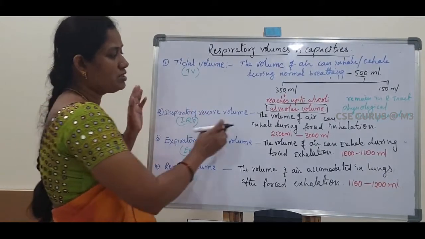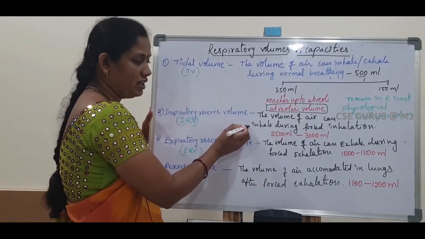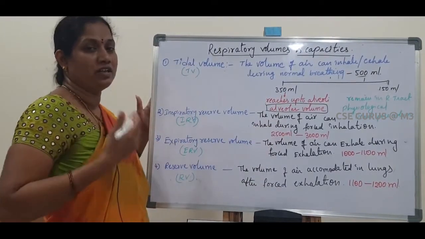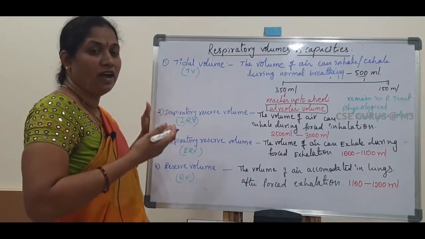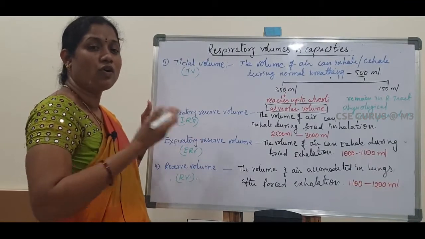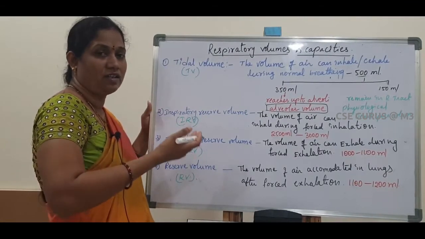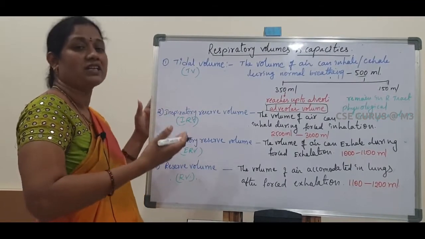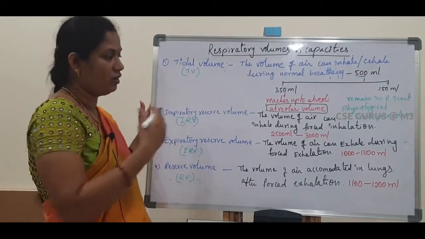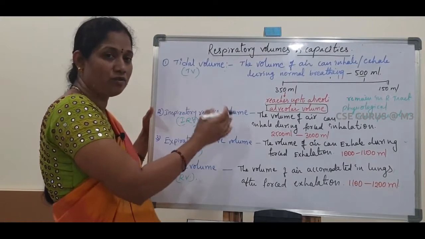Inspiratory reserve volume means the volume of air we can inhale during forced inhalation. For example, I can take a long breath like this. When I take a long breath, some extra amount of air enters inside along with the tidal volume, which is normal breathing.